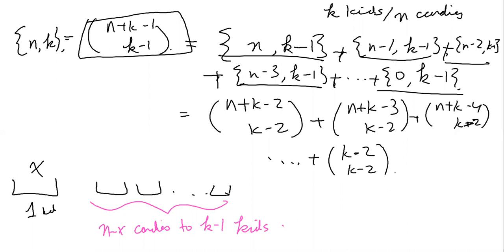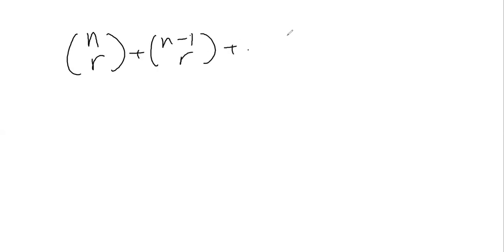Now you will see why it's called the hockey stick theorem. Do not worry. In general, instead of saying n plus k minus 1 and k minus 1, we usually write it like this: n choose r plus n minus 1 choose r, plus all the way to r choose r, and we say it's n plus 1 choose r plus 1.